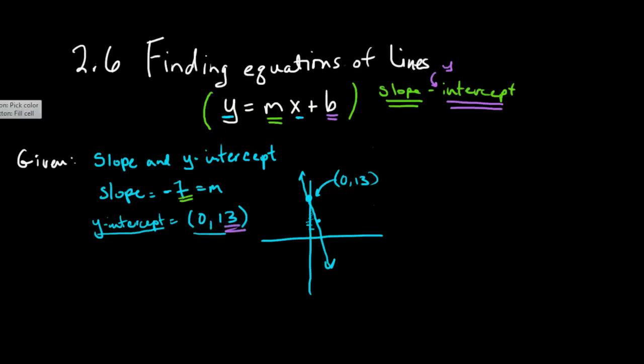That's the actual point on the y-intercept where it crosses the y-axis. So really all we're doing is just pattern matching. We're saying that y is equal to some value times x plus your b, and in this case our m will be our -7 and our b will be 13. And so that's the equation of the line. y is equal to -7x plus 13.